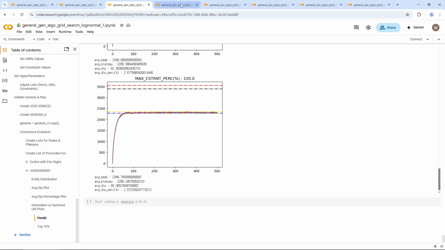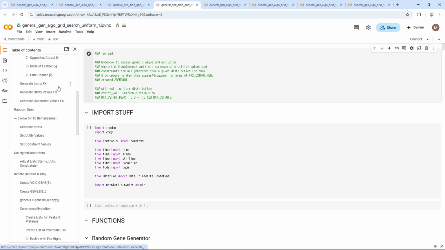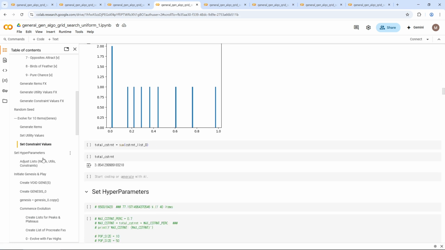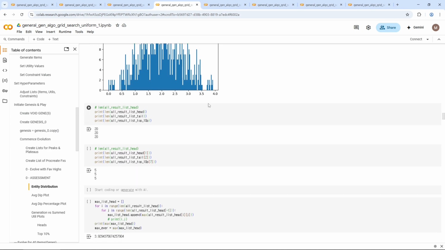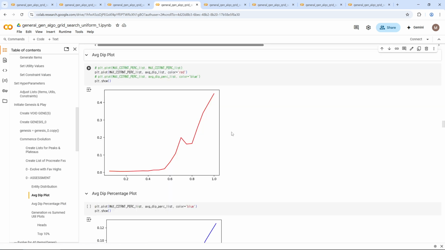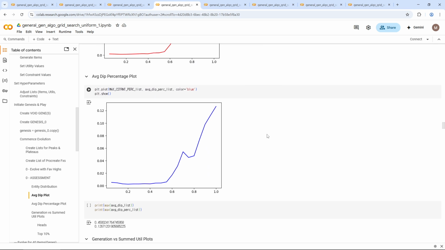Interesting. Now, for the uniform distribution, when using the uniform distribution, same distribution there, central limit theorem, average dip percentage, same when we are dealing with 10 items.